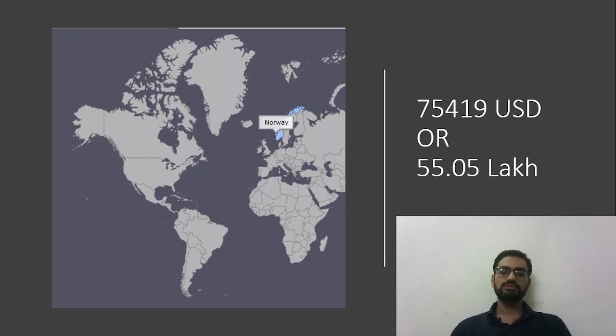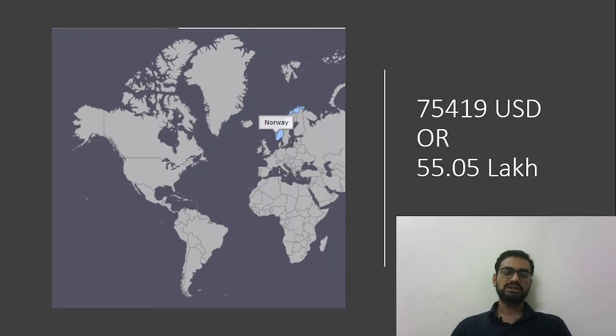Now it's not like United States is the highest. People might have the conception that the money that is provided there would be the highest GDP per capita, but the Scandinavian countries have always been high in major parameters. So here also one of the Scandinavian countries, Norway, standing at 75,419 US dollars, or 55.05 lakhs, right?